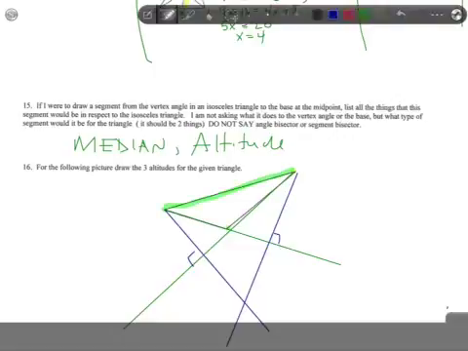I would just draw that little short line, but I want to go all the way through so it meets up with the other ones. If you've done this correctly, which is a little bit off, they should all three intersect at the same point. So those are all your altitudes for that triangle. It's an obtuse triangle, so your altitudes intersect on the outside of the triangle. That point right there, we talked about in class, is the orthocenter.